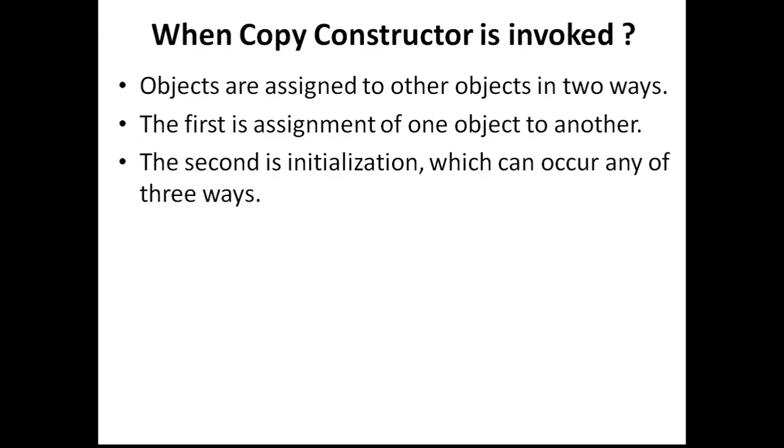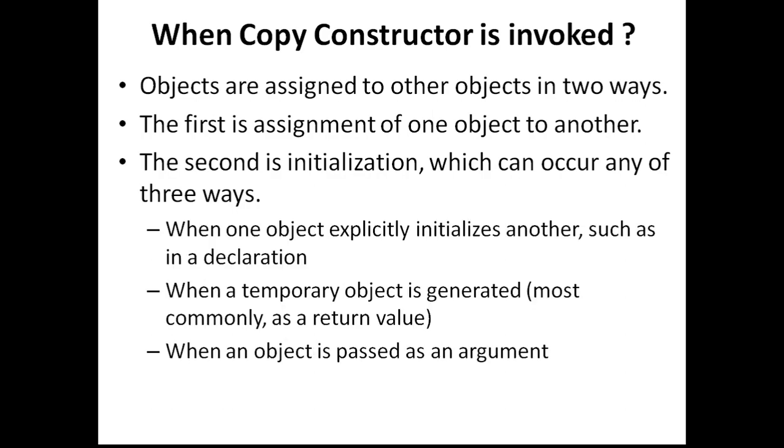One, when you declare one object and assign another object to it, and number two, when you pass an object as a parameter. And there is one more situation where this could happen, when you return an object. So just like you can pass an object as an argument, you can also return an object. In that case also this could happen, but the solution is the same. Just add a copy constructor.